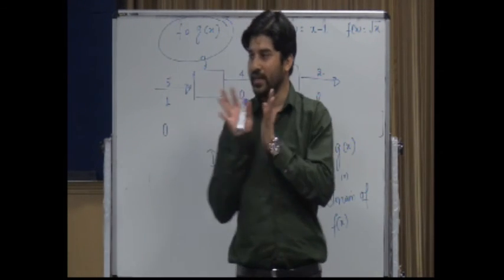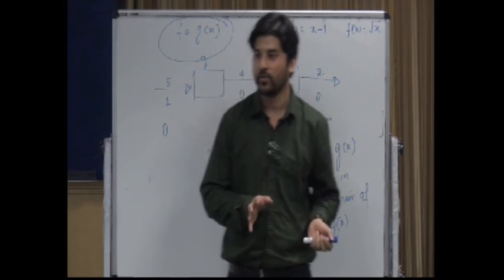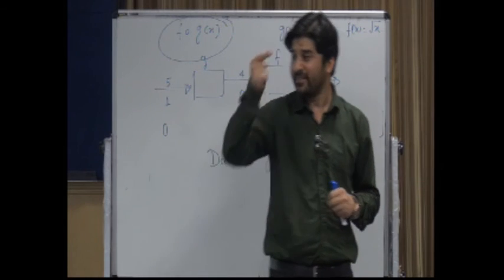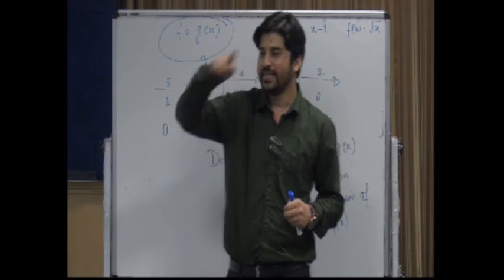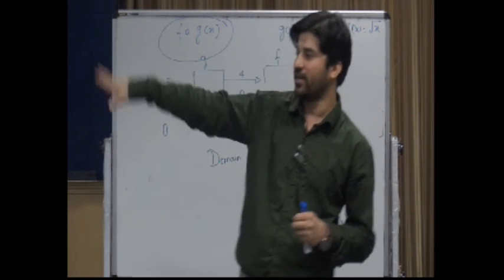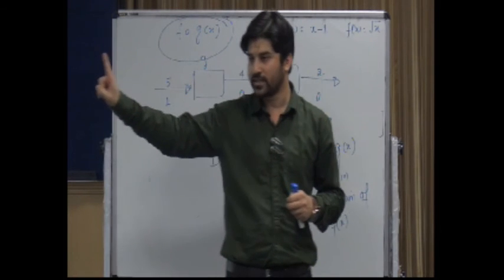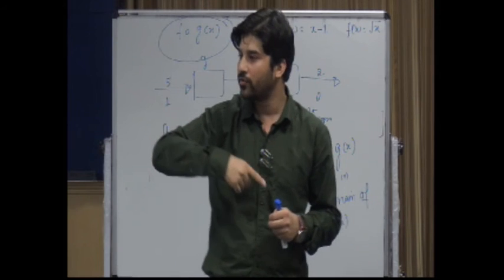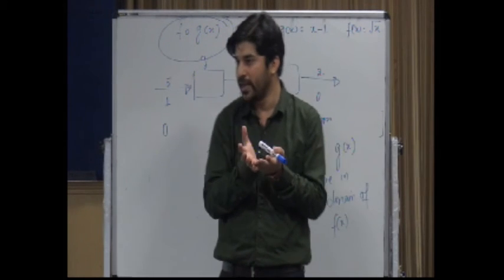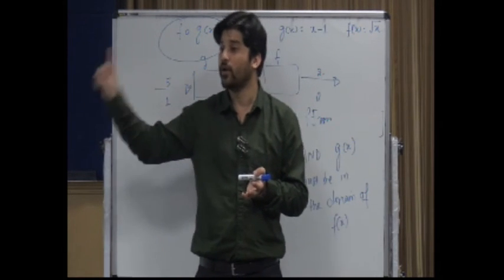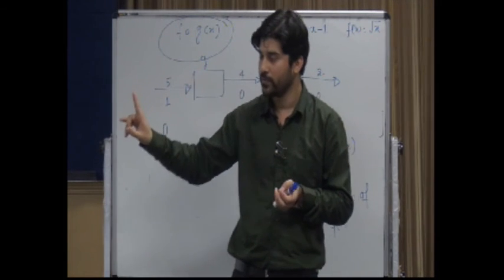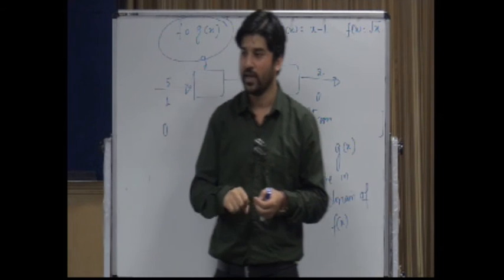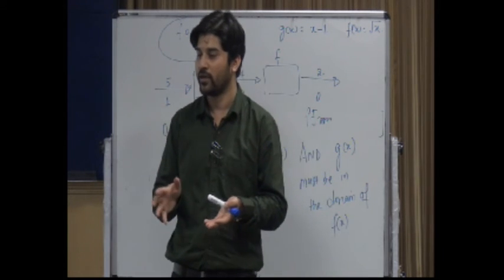So basically in function, what we have understood right now is that it's a special type of relation, right? What type of relation? That each element of the domain must have an output. The first condition: every element of the domain must have an output, and one output, only one output. Let's say if you have a calculator, if you're pressing 2 plus 3, you're getting 5, and at the same time, you're getting 6. It means your calculator is not functioning properly.